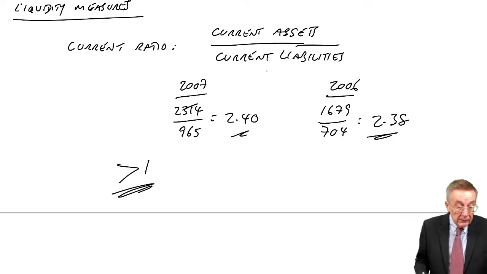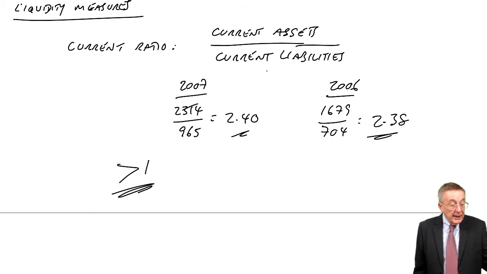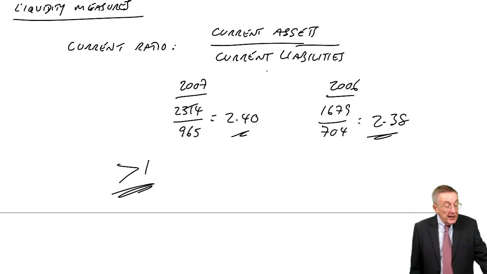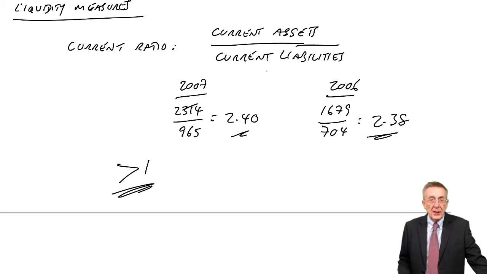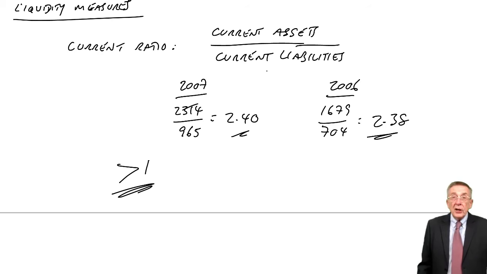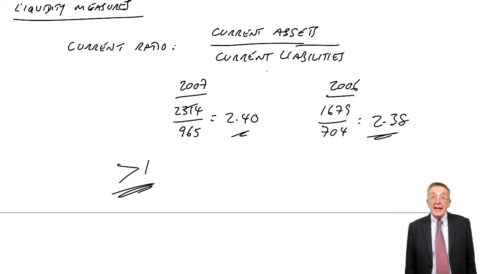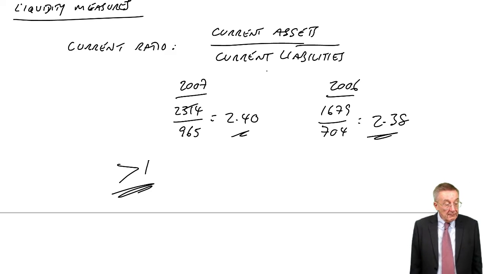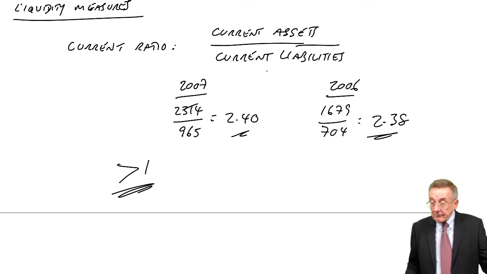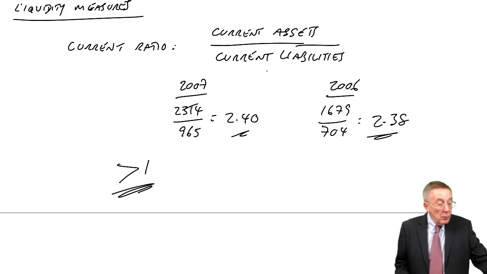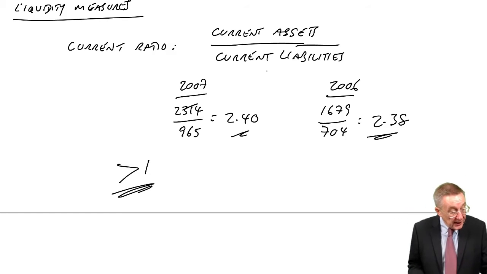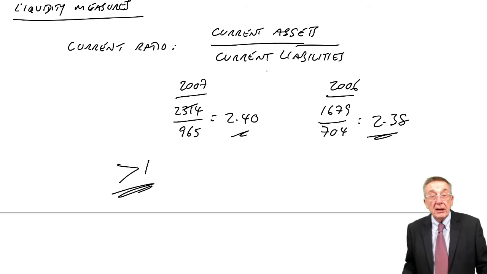The only thing there, though, is when we talk about the short term, just look at the statement of financial position again. The company owes 965, and it's short term. They'll probably have to pay that in a month or so. They've got cash. The cash is immediately available, no problem. The receivables, well, it'll take a while to get that money in, but hopefully we'll have got the cash in by the time we need to pay the cash for the current liabilities.